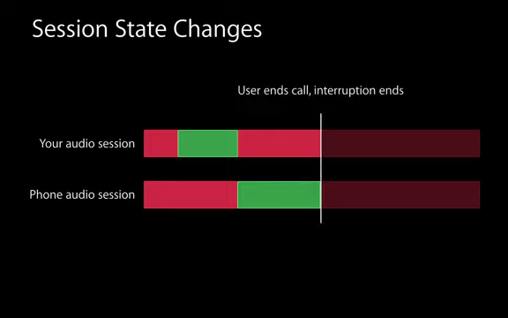And now the system is going to deliver an end interruption event to our audio session. And we're going to use that as a signal to make our session active again and resume playback. And we continue in this state. So this is a typical example of how something like a game application interacts with the phone app's audio session on an iPhone.